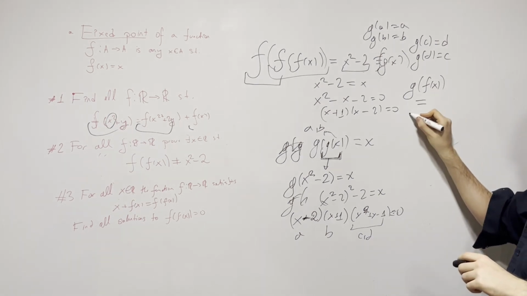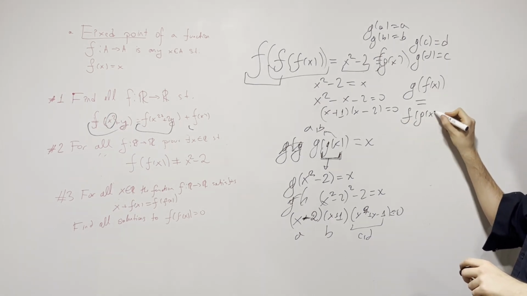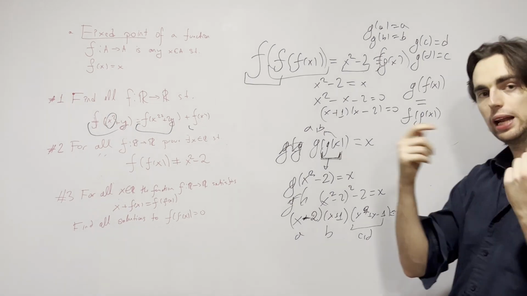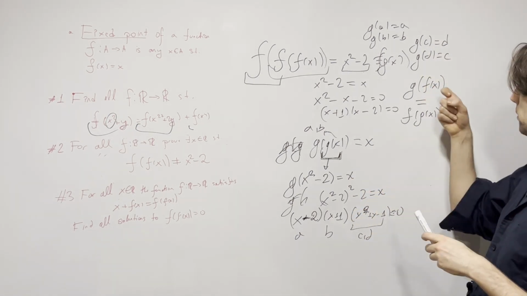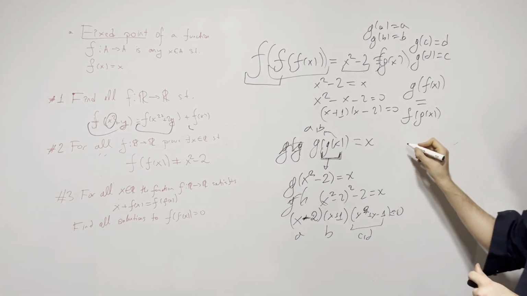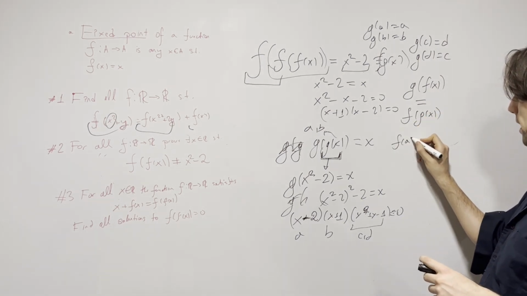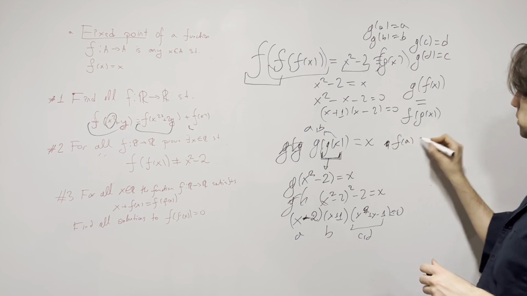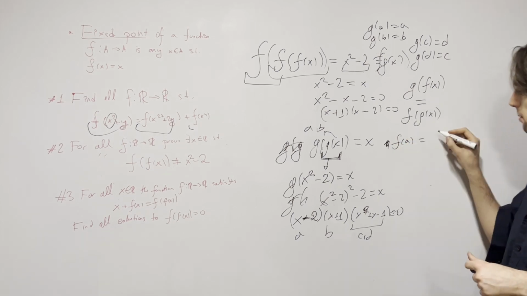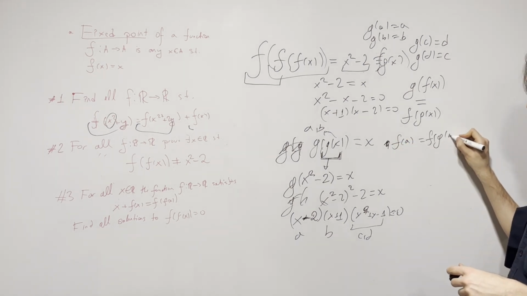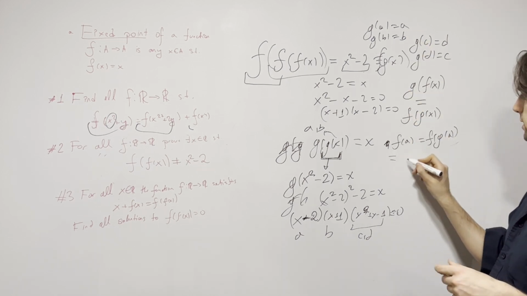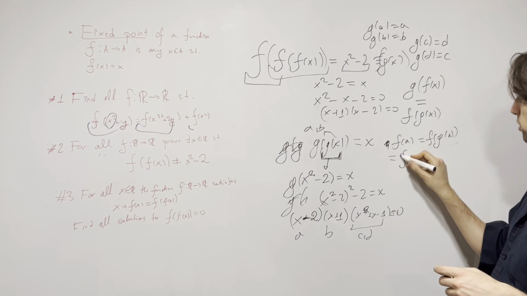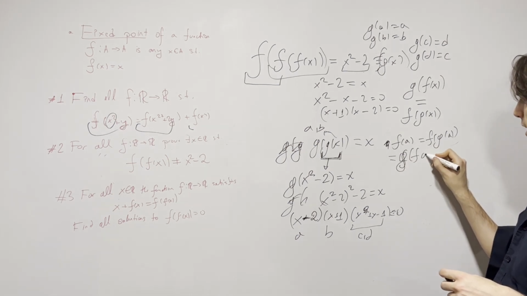So g of f of x is equal to f of g of x. And now what happens with our fixed points? Well, if we evaluate f at a, f of a is going to equal what? f of a is going to equal f of g of a, because g of a is already equal to a. But this thing is equal to g of f of a.